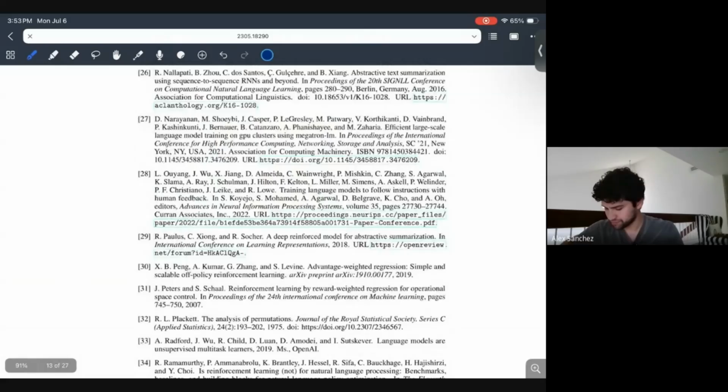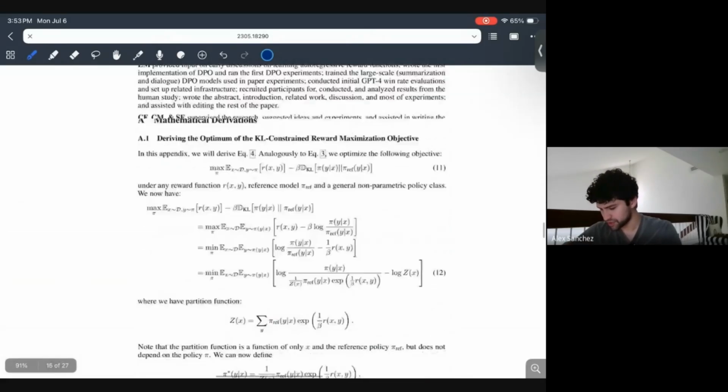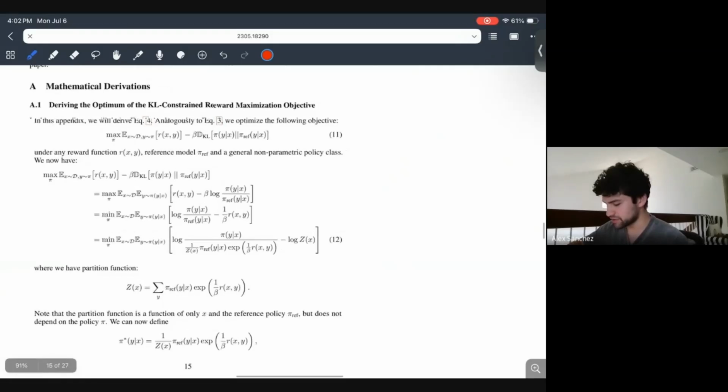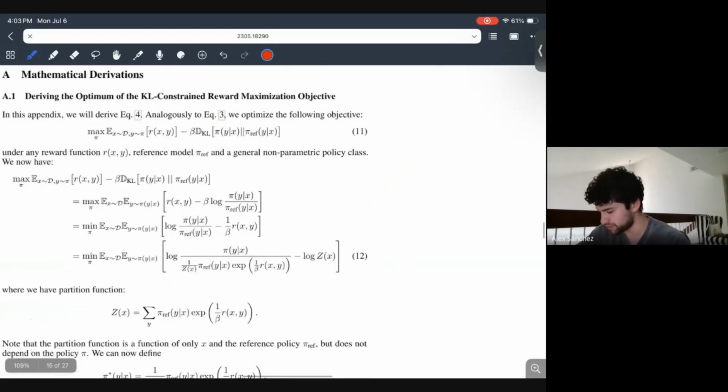Let's pick a blue. Let's see, right here. So this is how we actually derive the DPO loss, right? Now you're going to see that the math ends up being a lot of just simple algebra, and it's just a lot of little math tricks to get us to the point that we're at. And yeah, let's start off at this point right here.